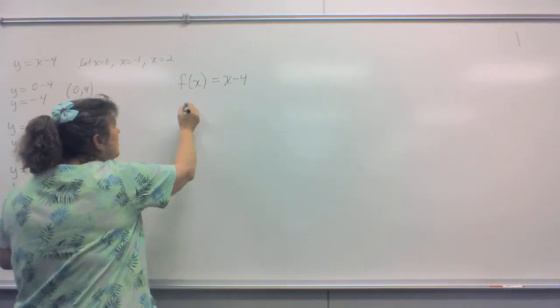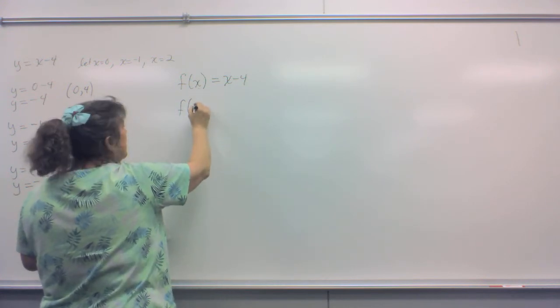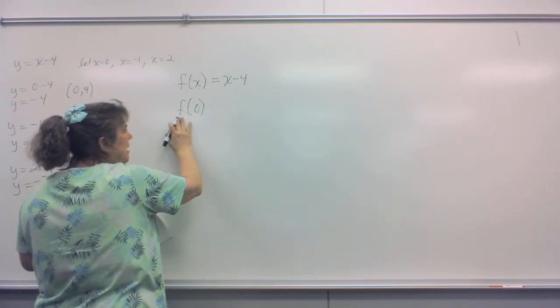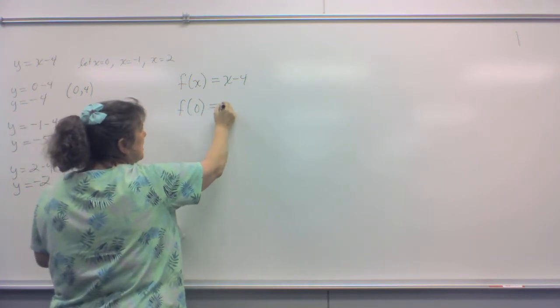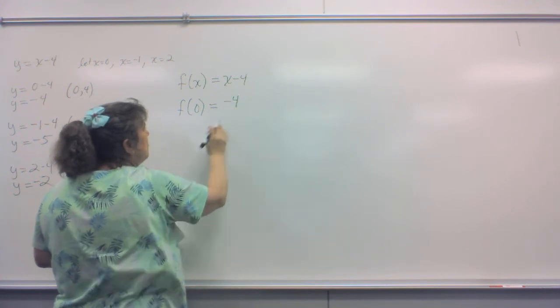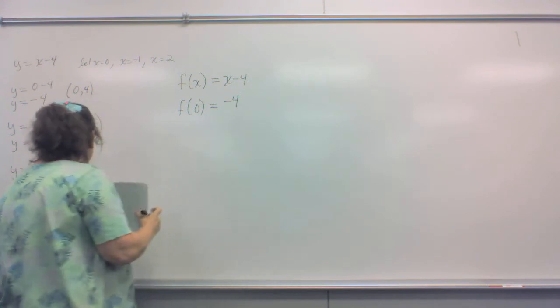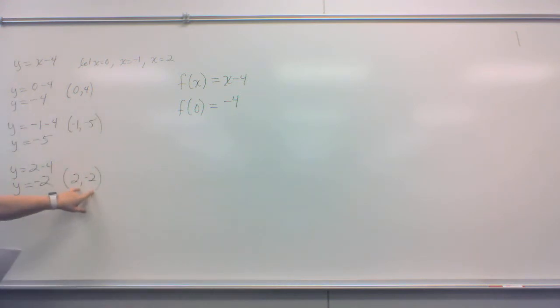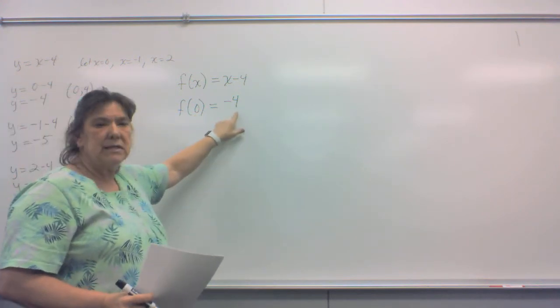So then we're going to say, what is my function at x when x is 0? So f, my function at 0, is going to equal 0 minus 4, which is negative 4. So my function at 0 equals negative 4. On the other side we had to designate it by ordered pairs. Over here I don't, because my x is here and my y is here.